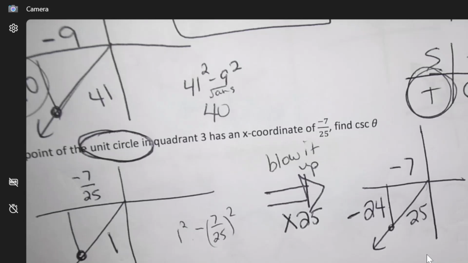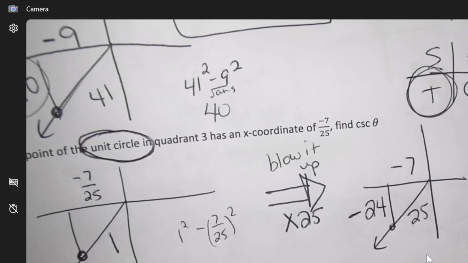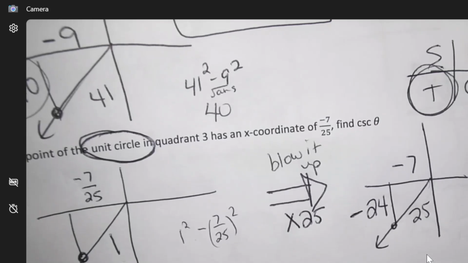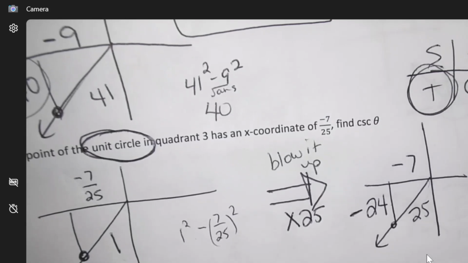Cosecant is the flip of sine. Sine is y over r. So I need a 25 and a y value of negative 24. I'm going to just put the negative in the front though because it's awkward to say a fraction divided by a negative value.